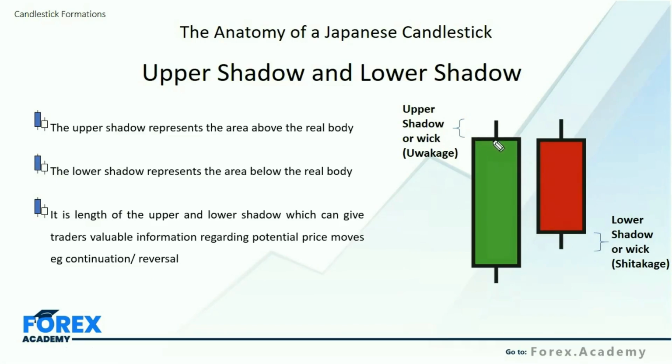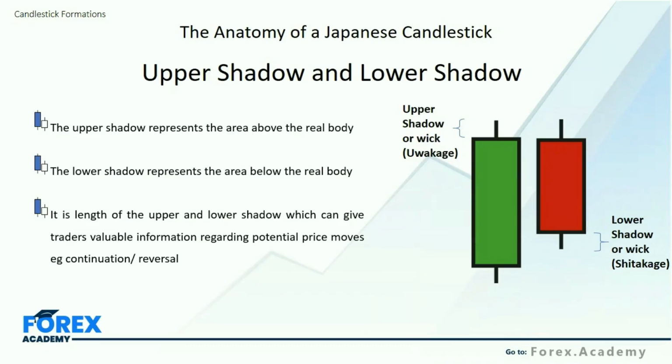Whereas if we open at this price here, and the market pulled right back and closed more around this level down here, just for example, then the wick would actually be excessive. And that could potentially mean that what we're likely to get next is a bit of a reversal in this market to the downside. So the information that can be gleaned from our knowledge and understanding of Japanese candlesticks can be really, really important. It can give you, as a trader, some real significant edge trading these markets.